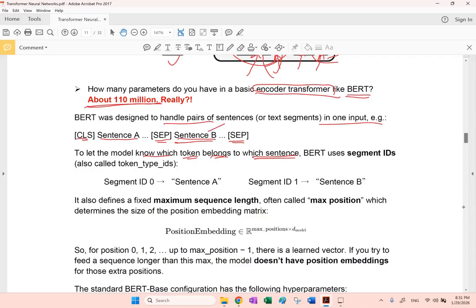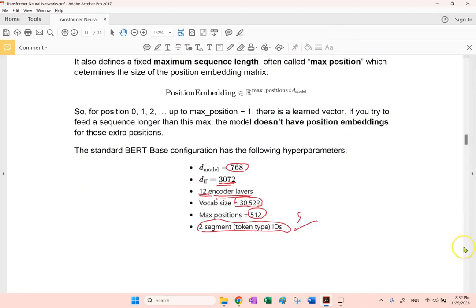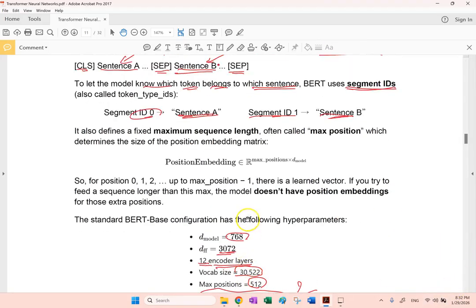So if you have the same token in sentence A and sentence B, you should encode whether it is from sentence A or sentence B. It allowed you to do that. Right now, you don't have to. You can consider the whole thing, sentence A, B, all of it, as a single sequence, but it allowed you to do that. So you had 2 IDs for each segment. ID 0 was in sentence A, ID 1 was in sentence B. That is what this 2 is all about. 2 segment IDs. Good.